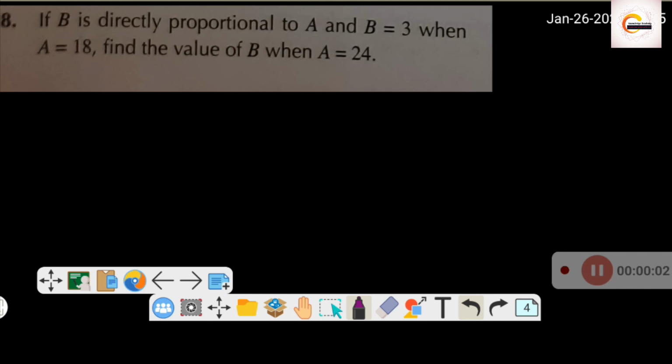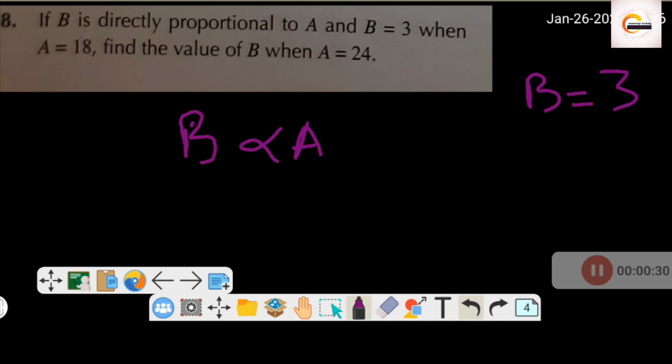Question number 8. If B is directly proportional to A and B is equal to 3 when A is equal to 18, find the value of B when A is equal to 24. So from the question, B is directly proportional to A and the value of B is 3 when A is 18.